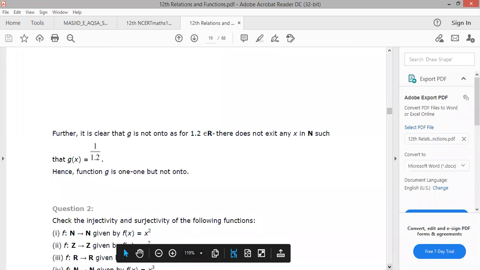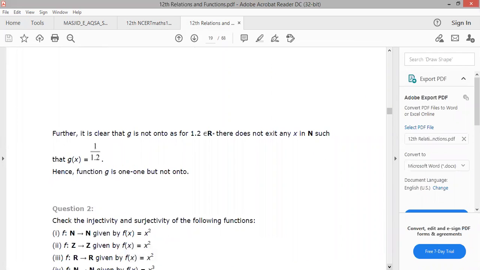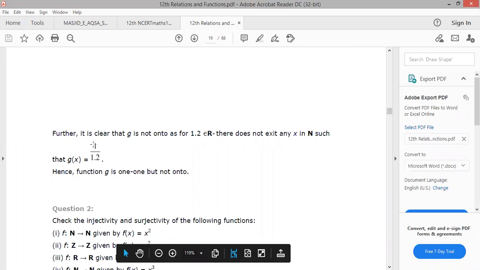What about the onto criteria? For onto, we will take any element of the codomain, because in the codomain we have the set of non-zero real numbers. We will take any element from the set of non-zero real numbers, for example 1.2, which belongs to this set.